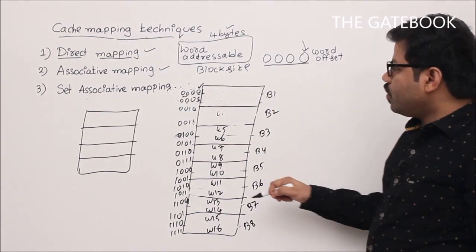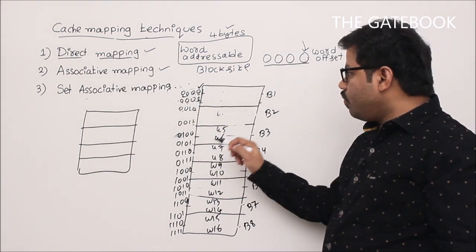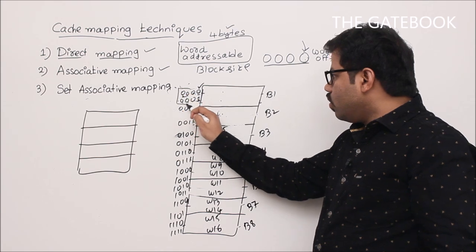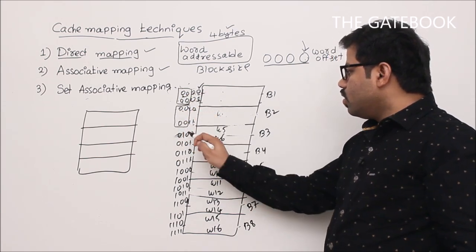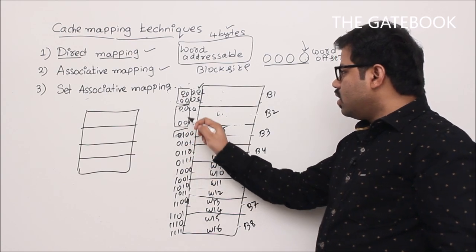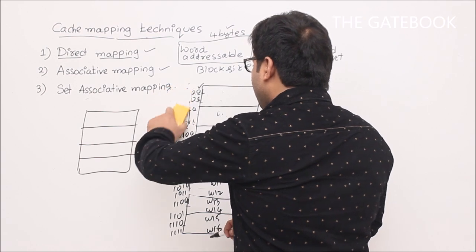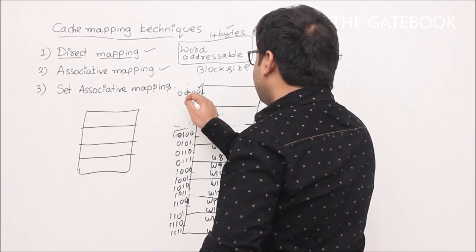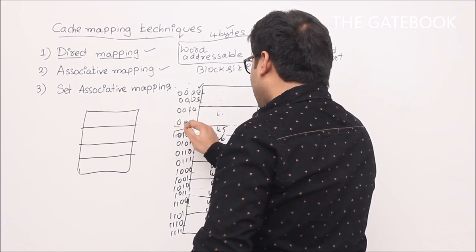Now the remaining bits. I'm sorry, take 3 bits. Let us take 0000, 0001, 0010, 0011.